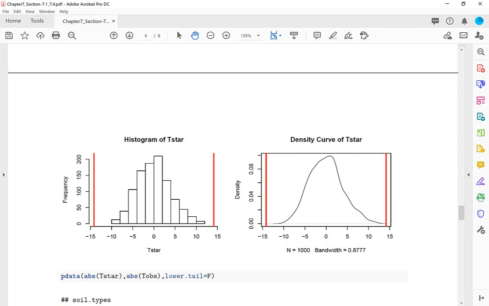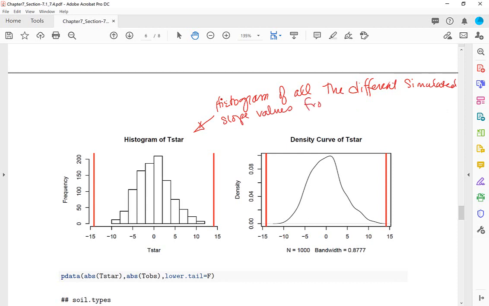So here we can see our histogram and our density curve of our t-star. And this shows a histogram of all the different simulated slopes from each linear model fit.